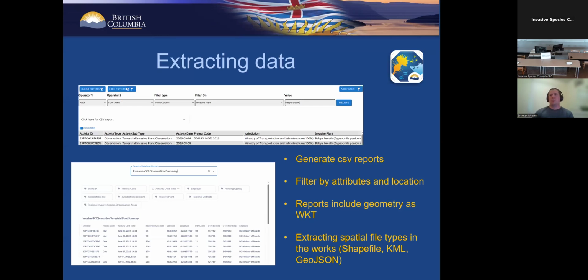And you can also generate reports. All of them at this moment are CSV reports. They actually come with the geometry in a field. It's a well-known text format, which is just a text representation of a geometry. So you can easily convert those from the spreadsheet into something like a shapefile or KML.